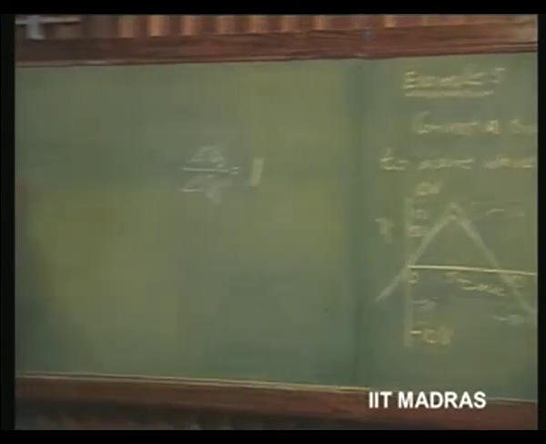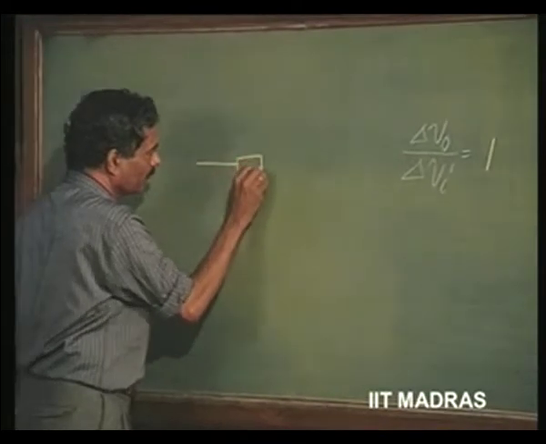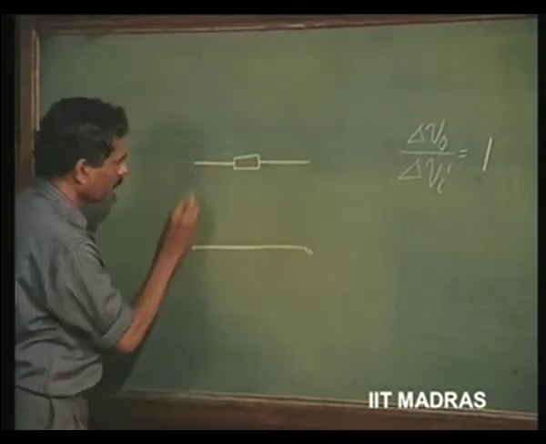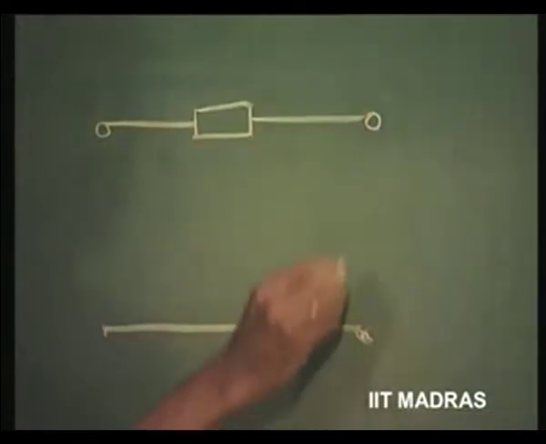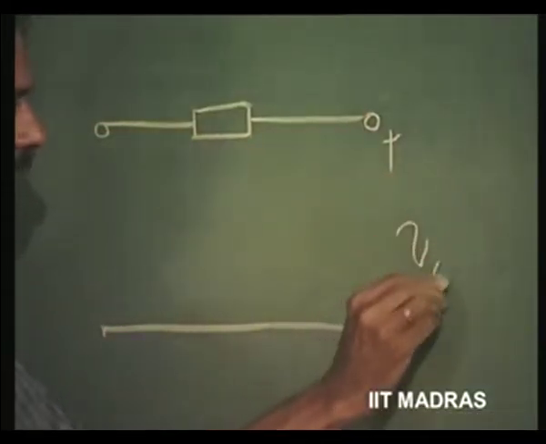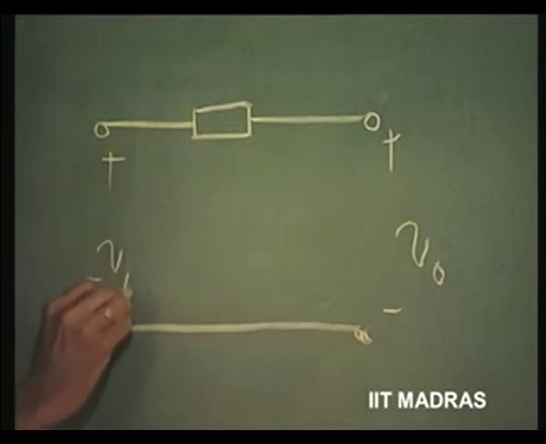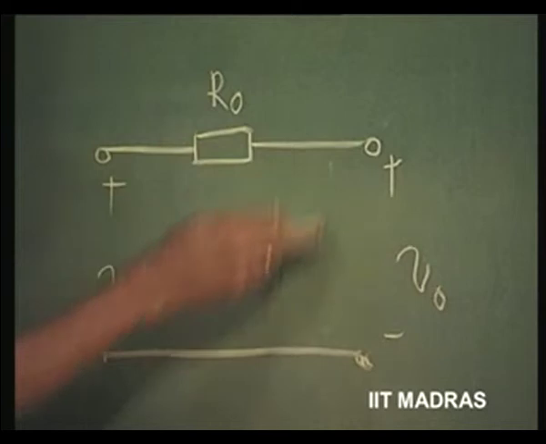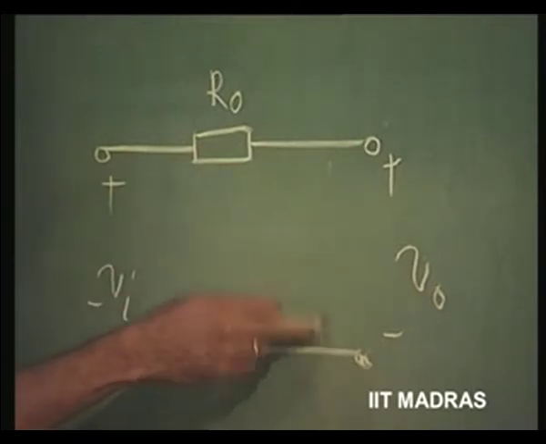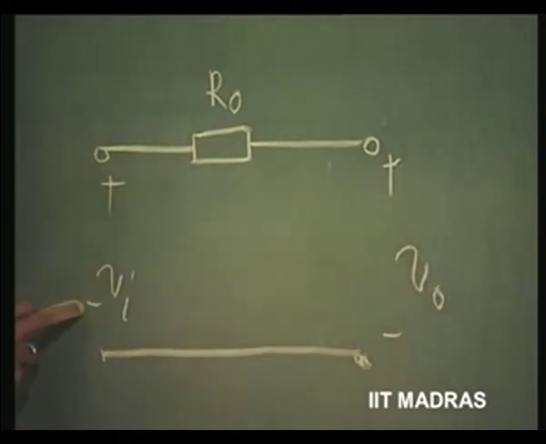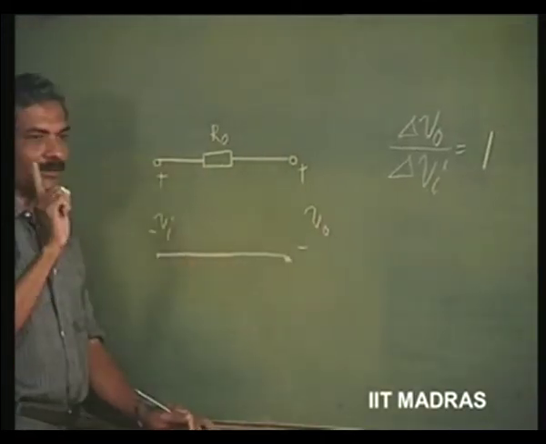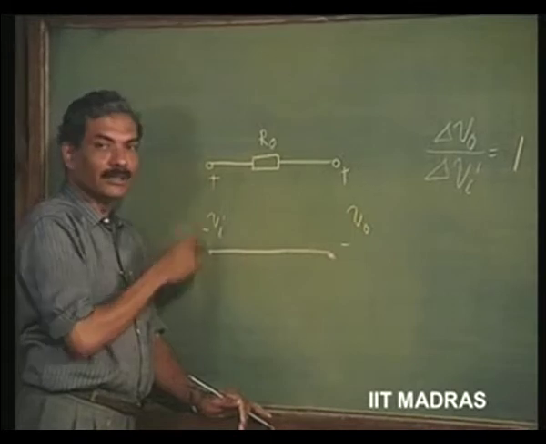Given the triangle, the transfer function should not attenuate. So, let us draw that kind of attenuator. This is the output, this is the input. That means this resistance should be infinity, so that output is equal to input, delta V naught by delta Vi is equal to 1, output is equal to input.